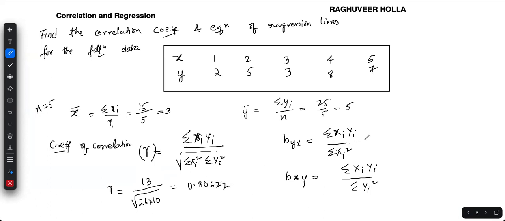And b y on x is 13 by 10, which is 1.3, and b x on y is 13 by 26, which is 0.5.